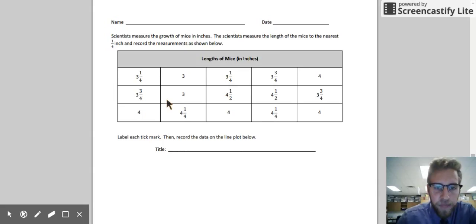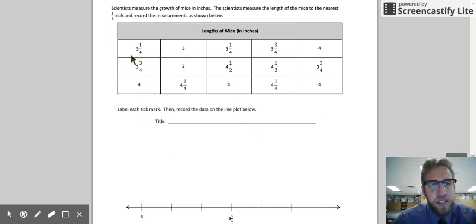What they want us to do is, we know this is how long each mouse is. So here's one mouse that was 3 inches long, one mouse was 4.5 inches, one mouse was 4 1/4, and here's 3 3/4 inches long.